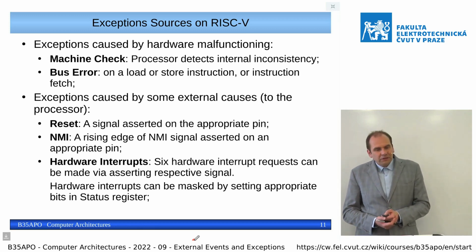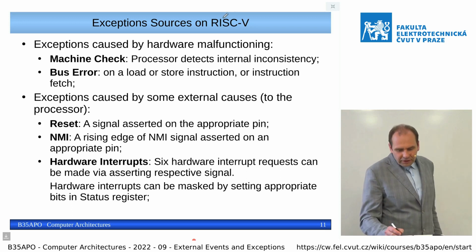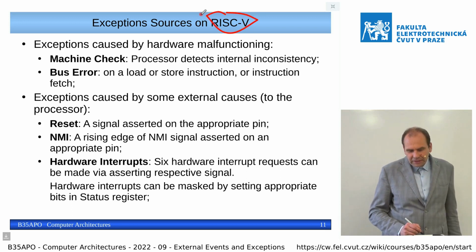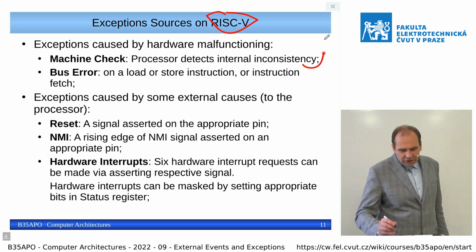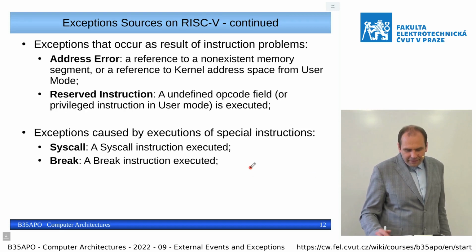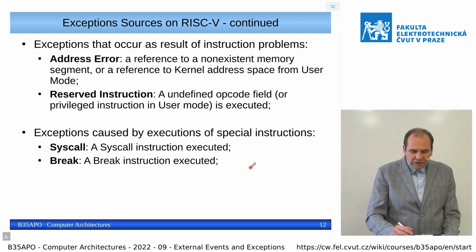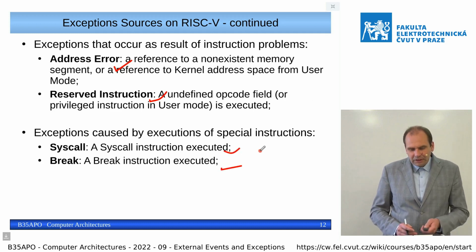And for this year we have switched to RISC-V, so we look at what the RISC-V architecture provides there. So there can be some machine check, bus errors, reset pins from those external, non-maskable interrupt, hardware interrupt, and for the synchronous, there can be some address error, undefined instruction, system call, breakpoint, and so on.